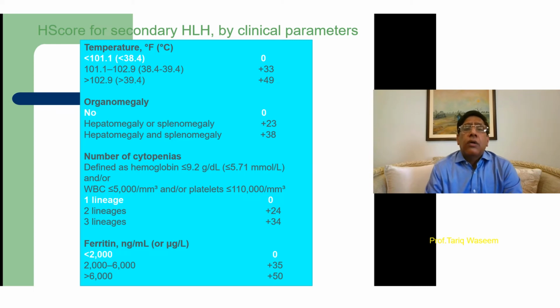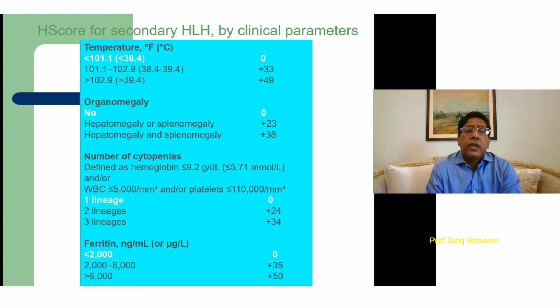This is how the clinical parameters are taken into consideration to calculate this HLH. Those who have a temperature of less than 101, their score is considered 0. Temperature between 101 to 103 would be given plus 33, and those with more than 103 would be given plus 49. Similarly, if you clinically examine and find no organomegaly, no hepatosplenomegaly, the score is 0.